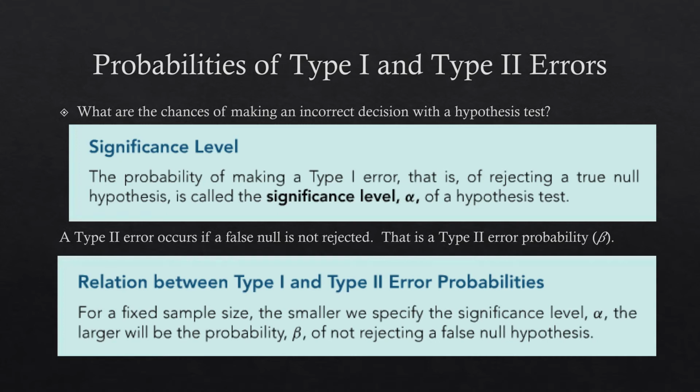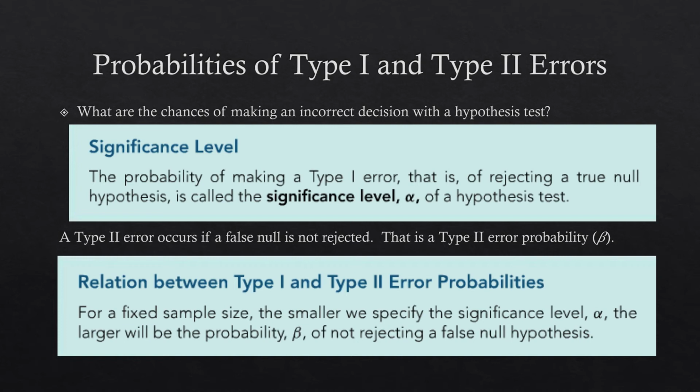So, what's the relationship between these two? Well, think of it like this. For a fixed sample size, the smaller we specify alpha, the larger will be the probability of beta, of not rejecting a false null. So think about what we're saying there. Alpha is rejecting a true null.